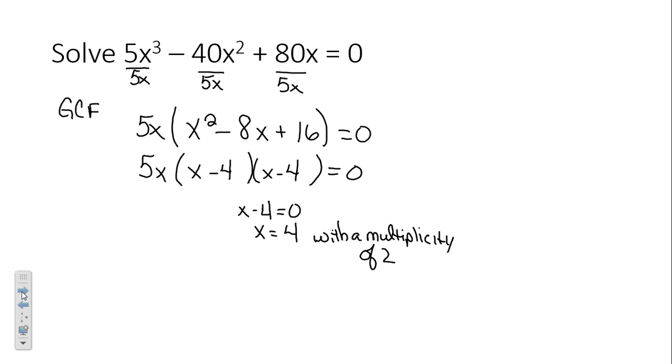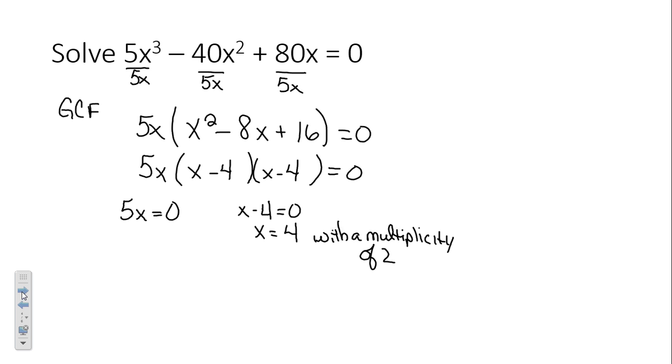What will make this 0? What number should x be? If this is 0, if x is 4, this is 0. What makes this 0?